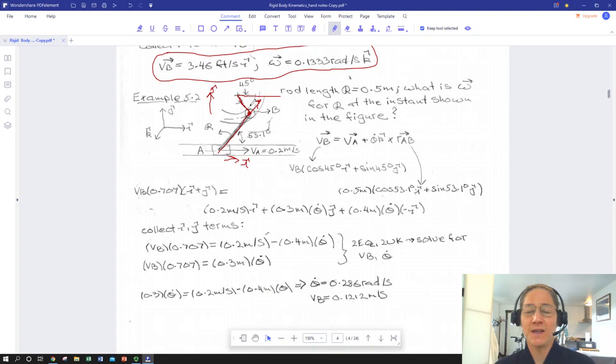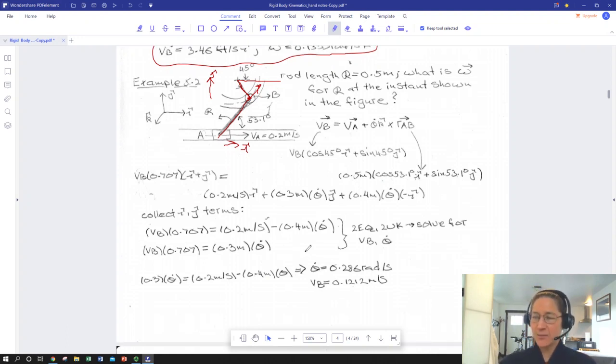And VB is positive 0.12, so it's moving in the vector direction shown. It's moving upwards. If this had been negative, it would have indicated that B was moving down the circle. Kind of makes intuitive sense.